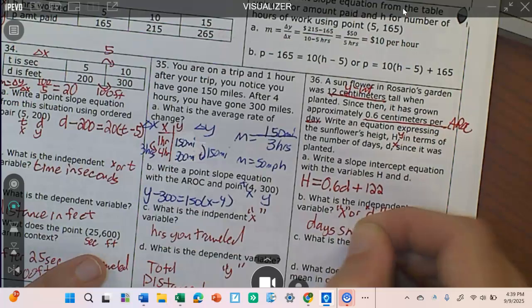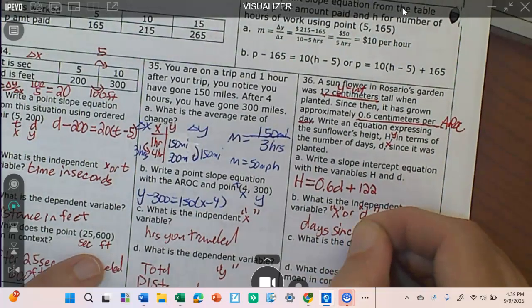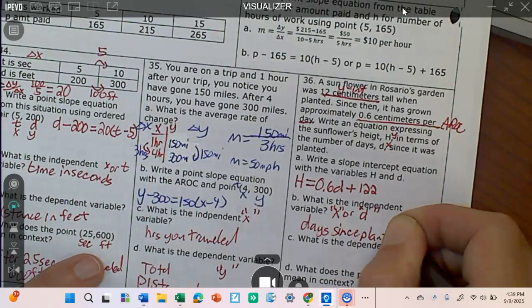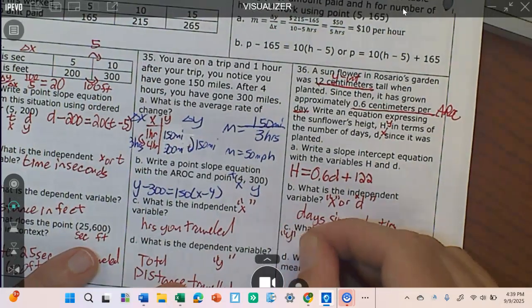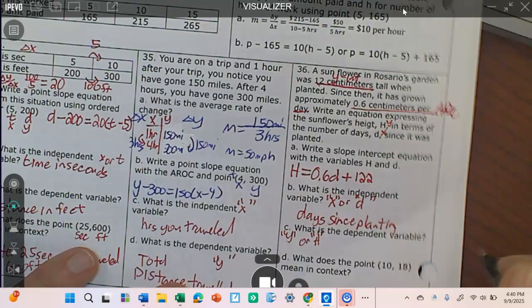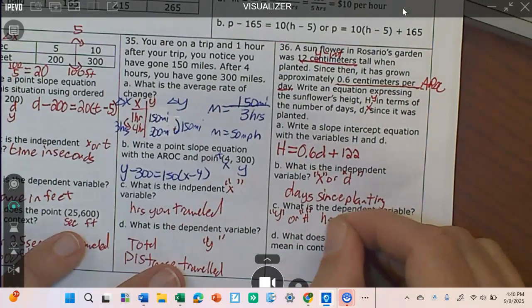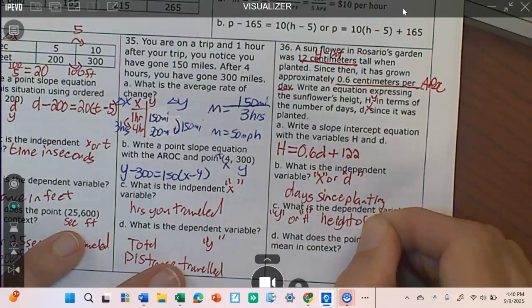Days since planting. The dependent variable is y, or h, which is height of tree.